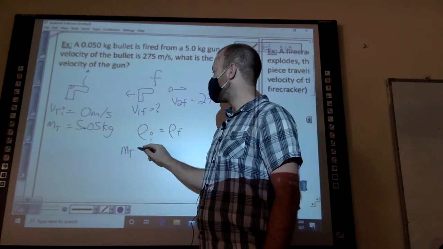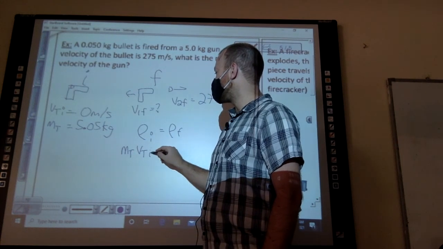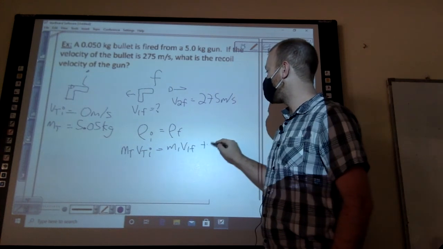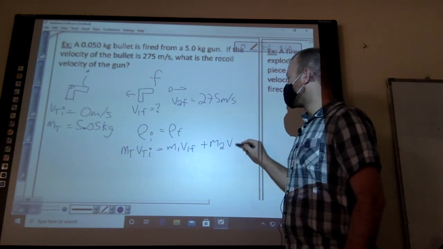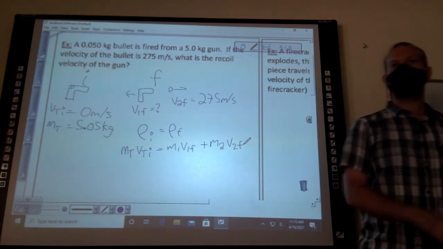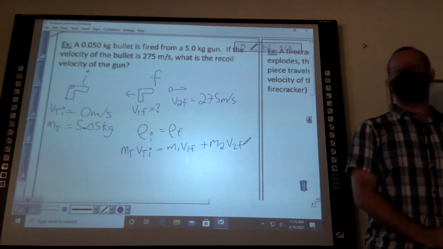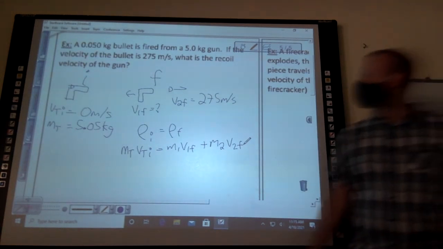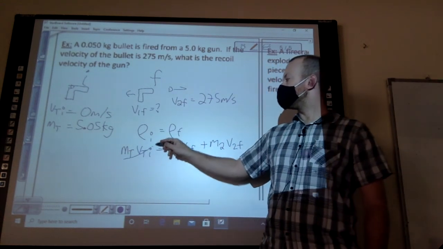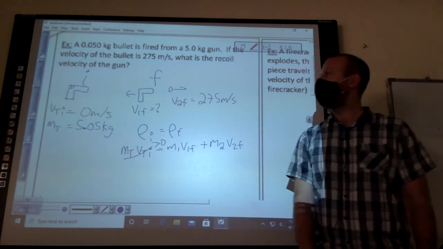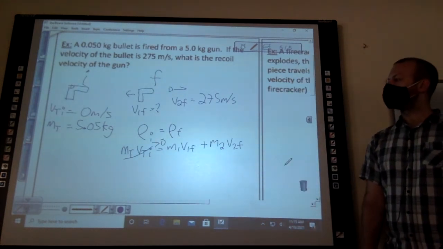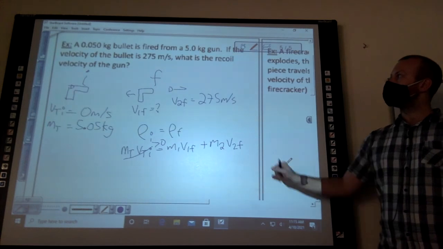So M total, V total initial, goes M1 V1 F plus M2 V2 F. Hopefully I haven't lost anyone yet. Total initial velocity, 0. So it's at rest. So therefore, plug in all the numbers and solve it.